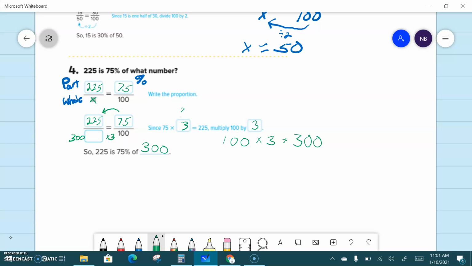So we're going to be going from right to left, okay? And it says here, since 75 times 3 equals 225, multiply 100 times 3. Let me rewrite that a little bit. There we go. 3 times 100 gives us 300. So 225 is 75% of 300.